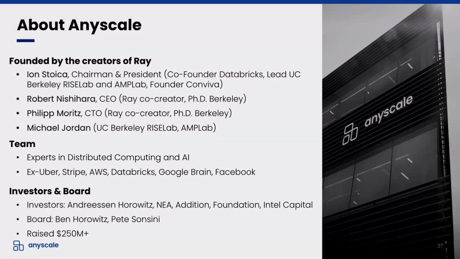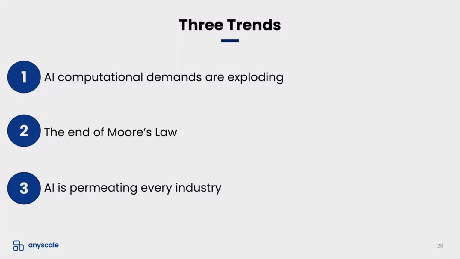All of that traction and excitement about Ray open source was the initial motivation to start a company, co-founded by PhD researchers at Berkeley. They were advised by Ion Stoica back then. I just wanted to reiterate those three trends that we see: computational demands in AI are growing, and they are growing faster than ever.